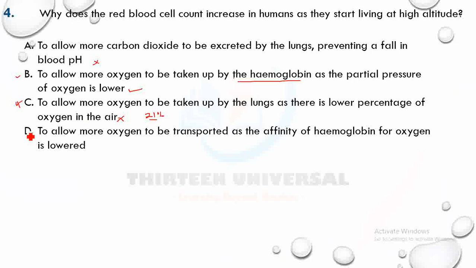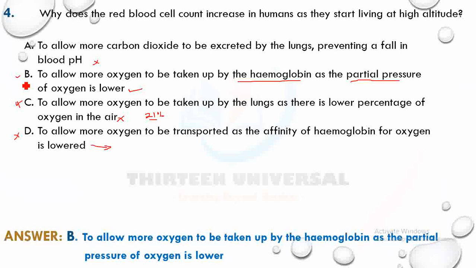Now D is wrong. Why? They said to allow more oxygen to be transported as the affinity of hemoglobin for oxygen is lowered. But it didn't tell us why it was lowered. It was lowered because the partial pressure of oxygen is lower. So B is more suitable, right?